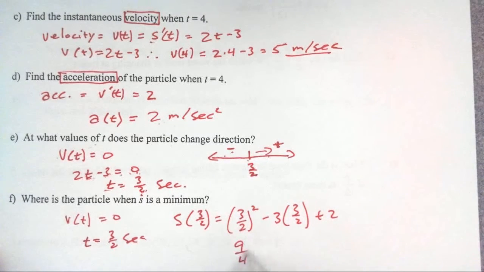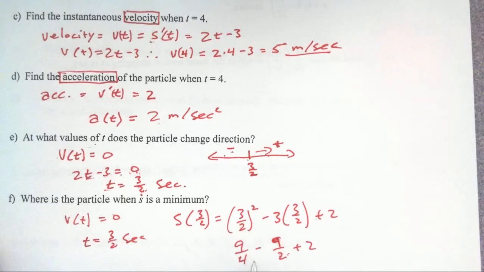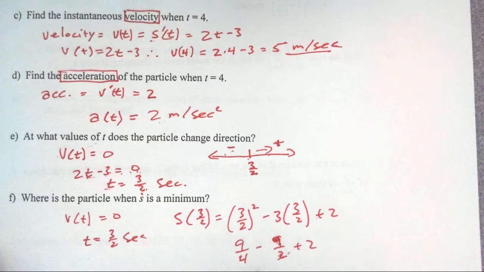So we get 9/4 minus 9/2. Something you should note on parabolas: anytime you're working with a quadratic equation like this and you put a value in here, if it's a perfect square, it does mean something when this is double this. But anyway, that's a discussion for another time. It doesn't really apply to this problem.